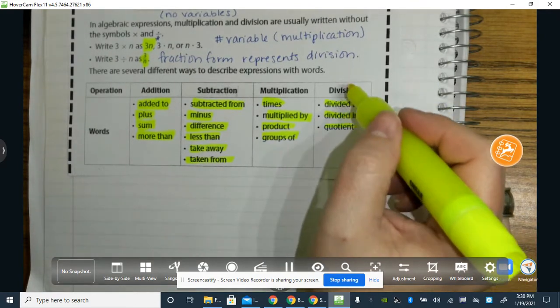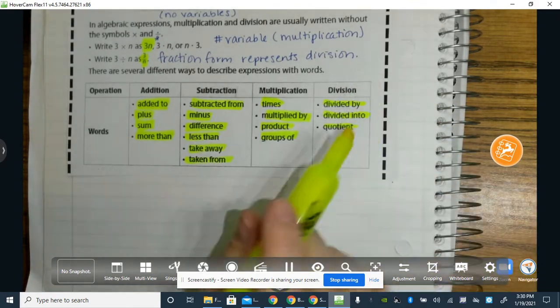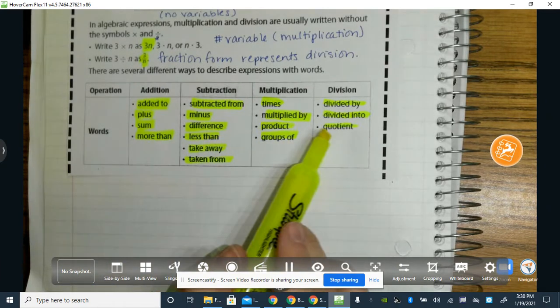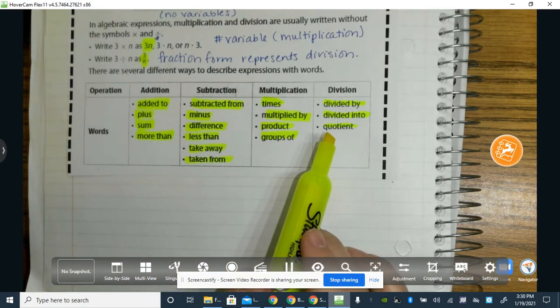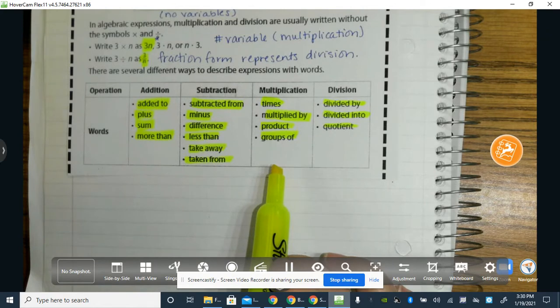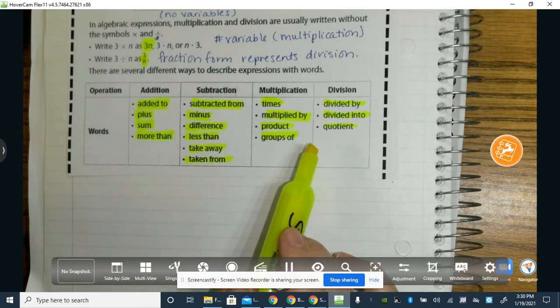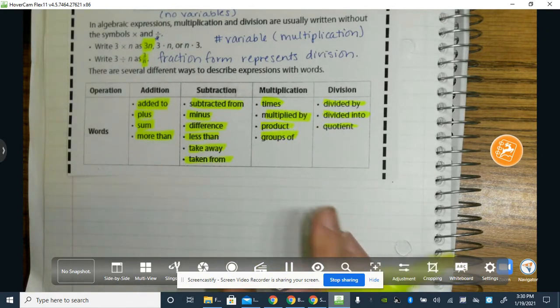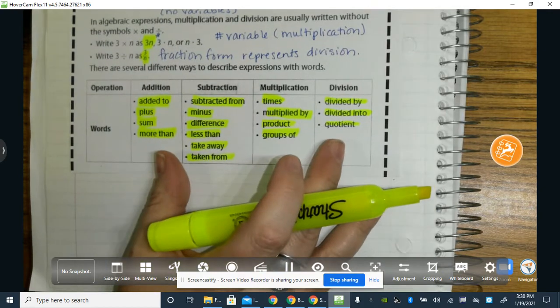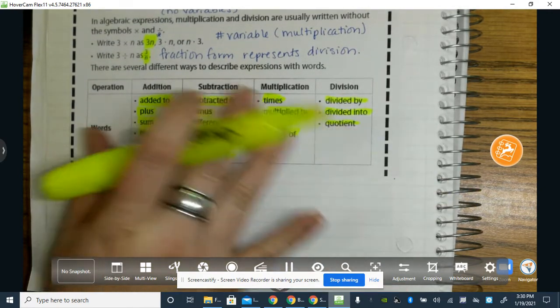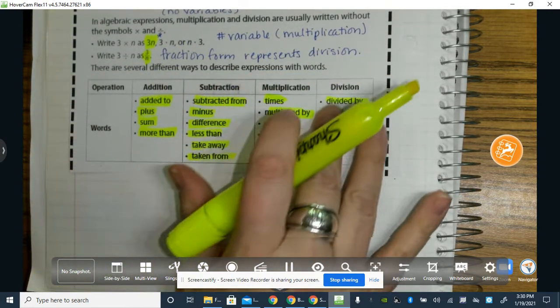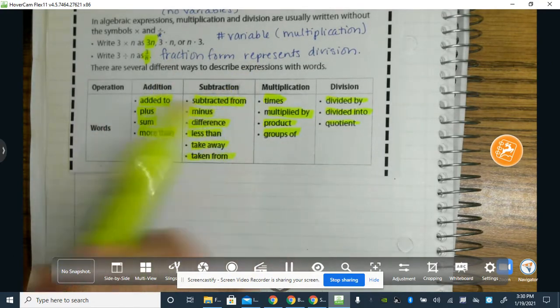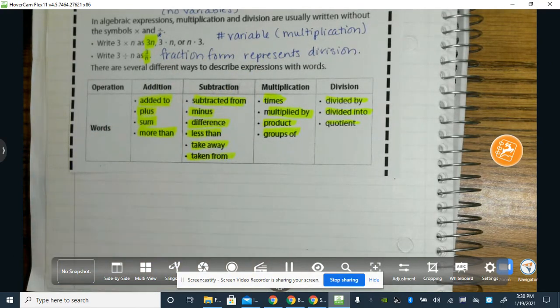Again, these words are associated with division. Now, these aren't the only words that can represent multiplication or division. But most of the time, these are the ones that you will mostly see, and they represent the following operations. So let's turn our page over.